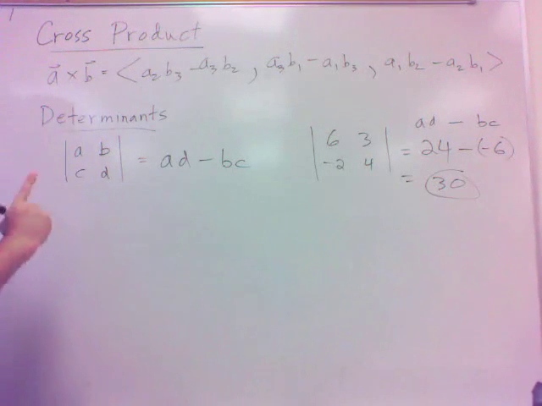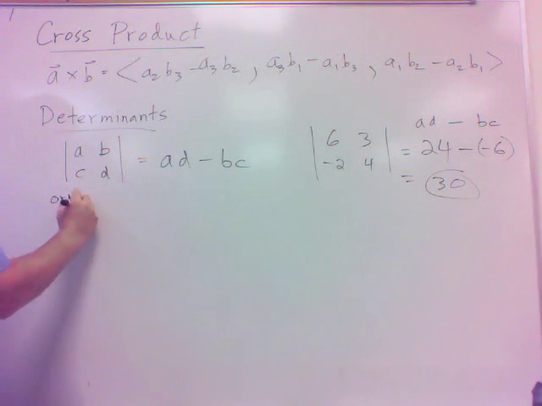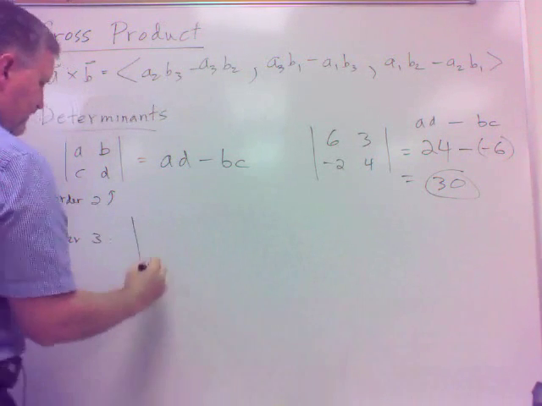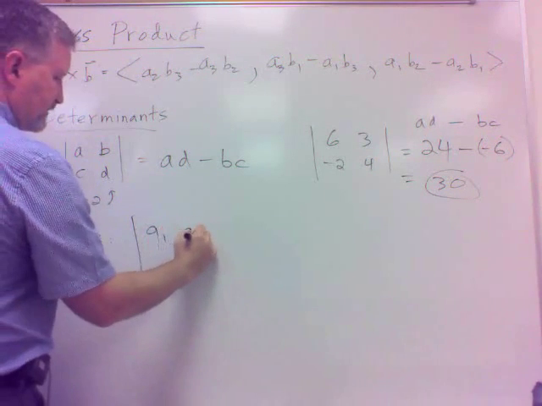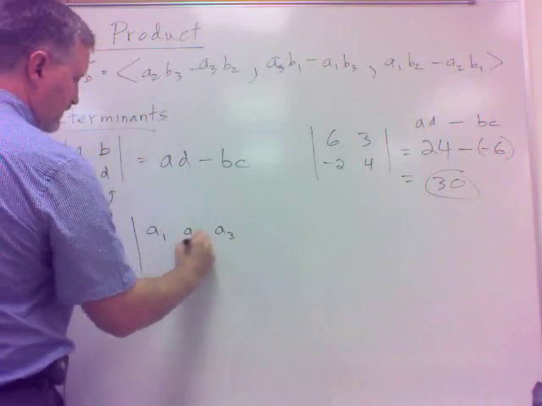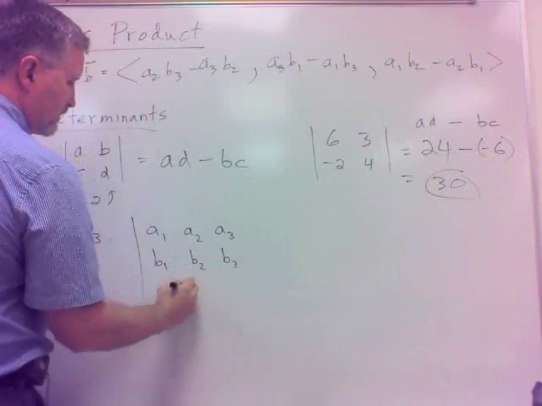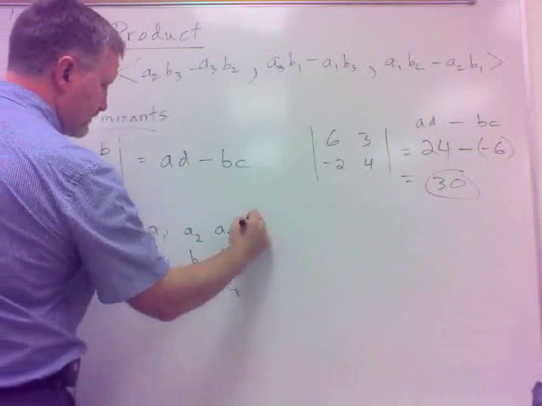To do an order 3 determinant, it's a little more involved, right? The reason for bringing it up is this is what we're going to utilize for this cross product. An order 3 determinant, if we've got A1, A2, A3, B1, B2, B3, and C1, C2, C3 determinant.